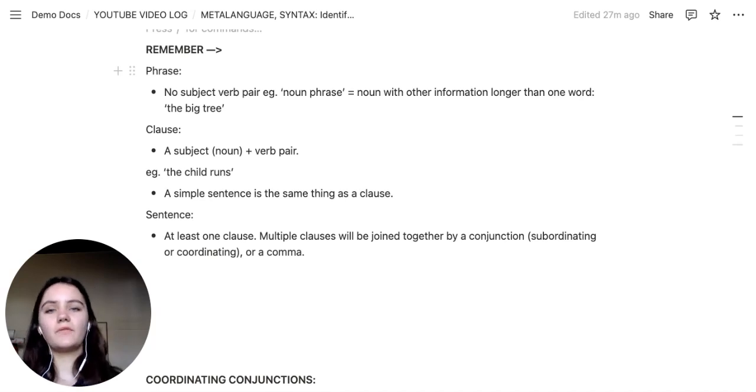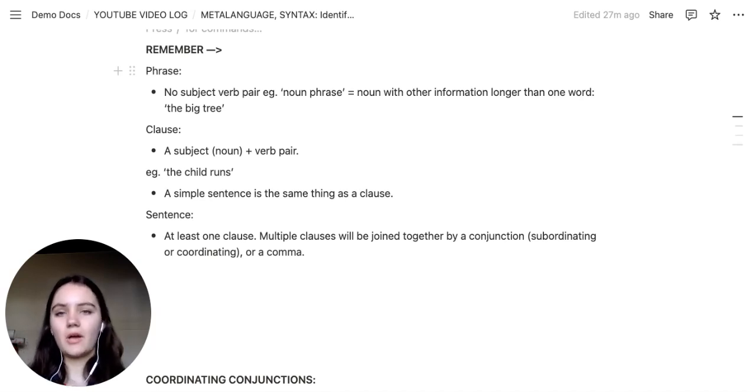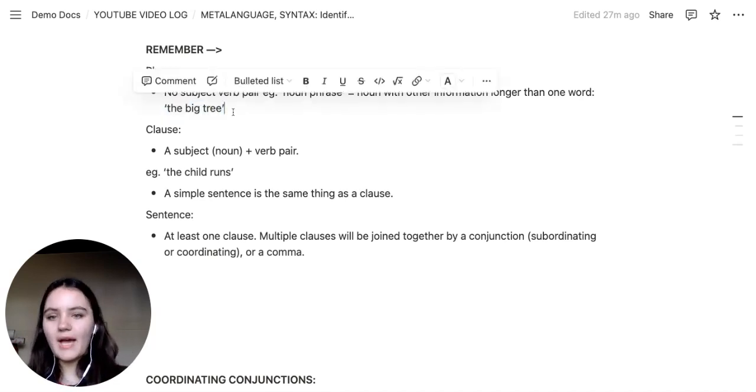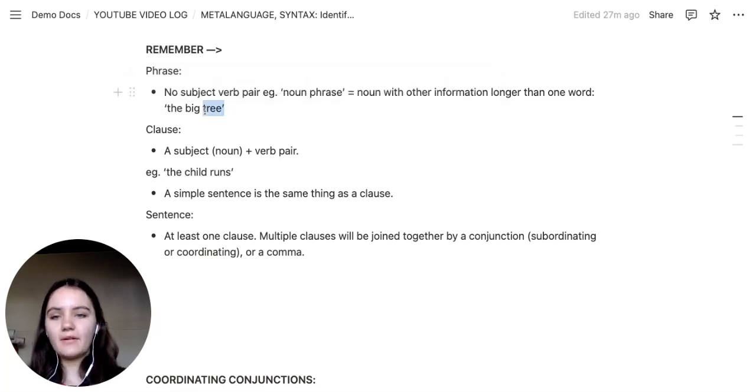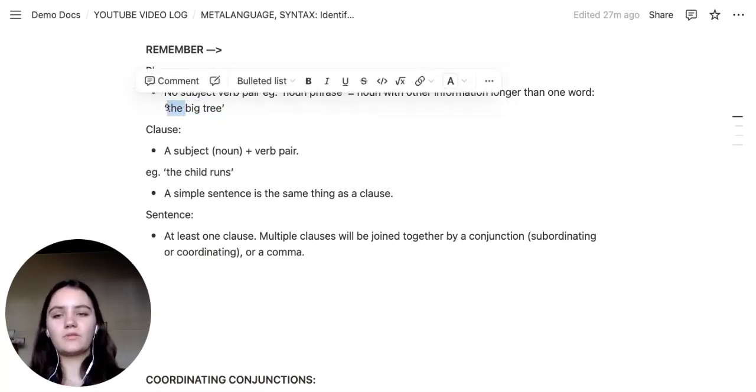It's our way of describing maybe the determiner as well. Maybe there's an adjective as well. For example, the big tree. We have tree being our noun. We have big being our adjective describing tree, and we have the being our determiner, attached to quantify the tree itself.